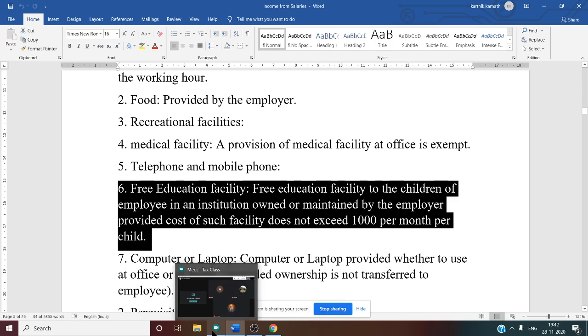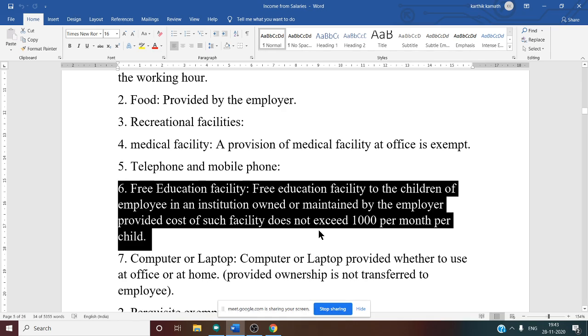Suppose the employee has two children, and one child is doing his education in an institution owned or maintained by the employer. So there is one international school that is owned by the employer, and the employee's child goes to that institution. In that case there is 1000 per month exempt. 1000 per month per child is exempt, and if it is more than that, it is taxable.